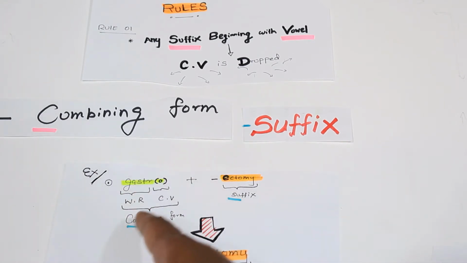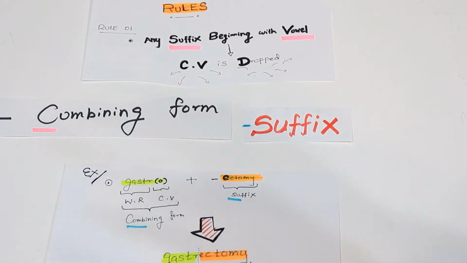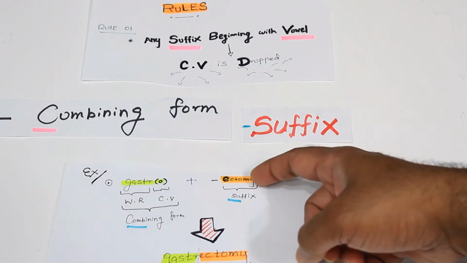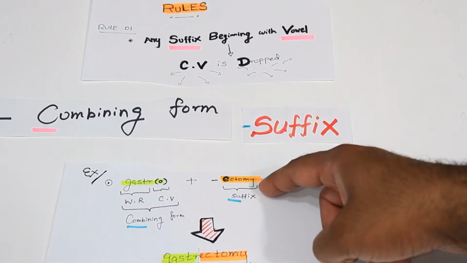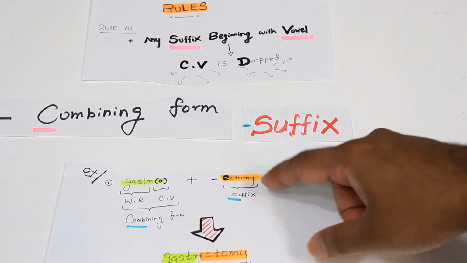Gastro means stomach. The suffix, as I told you before, should be a procedure or condition. Ectomy means excision or removal.